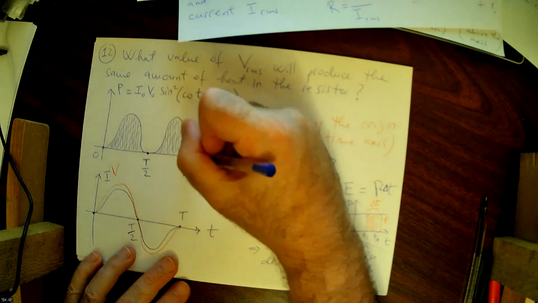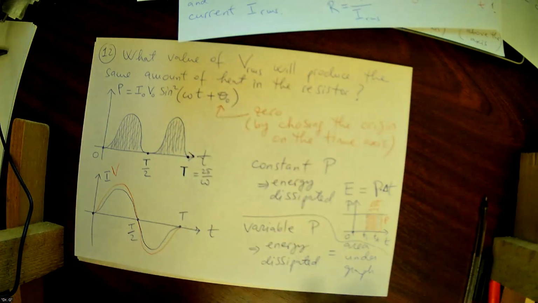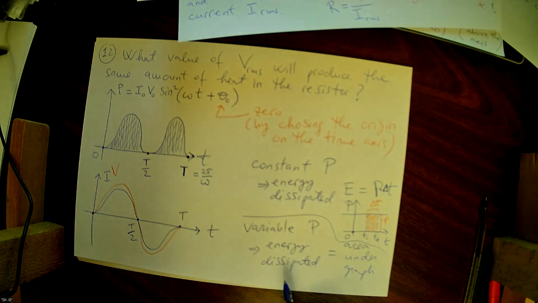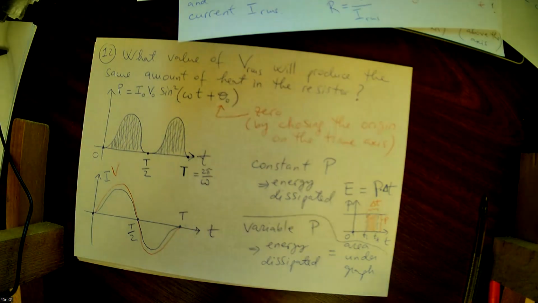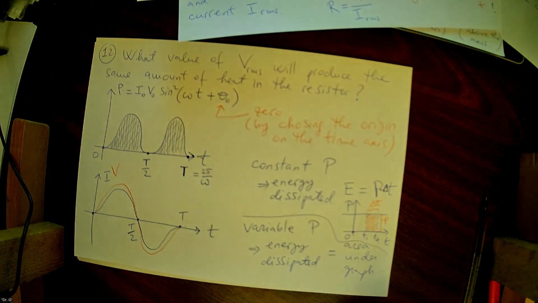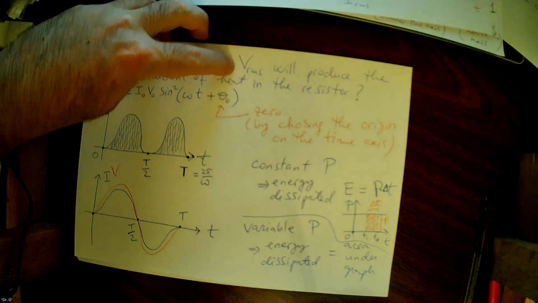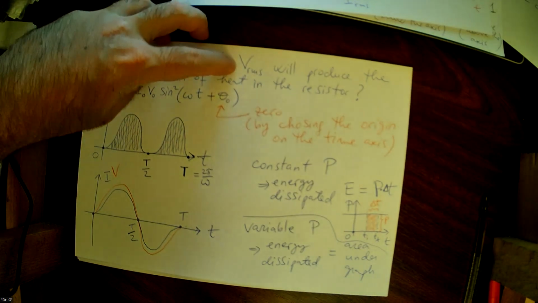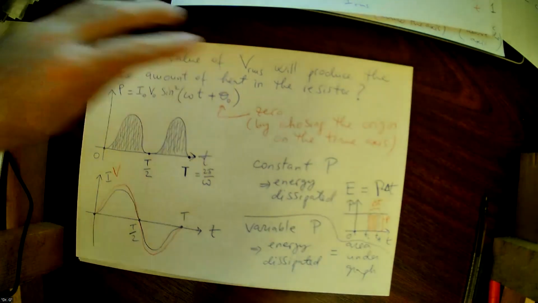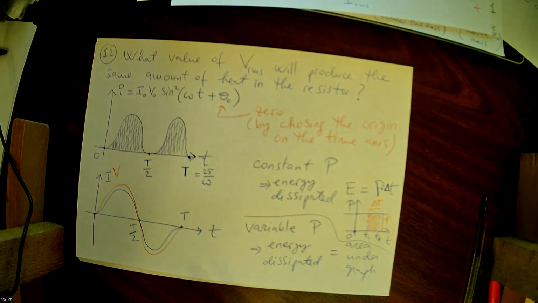That gives me the total area, which is equal to the total dissipated energy. And this is how we'll figure out the value of the constant voltage that produces the same amount of heat in the resistor.